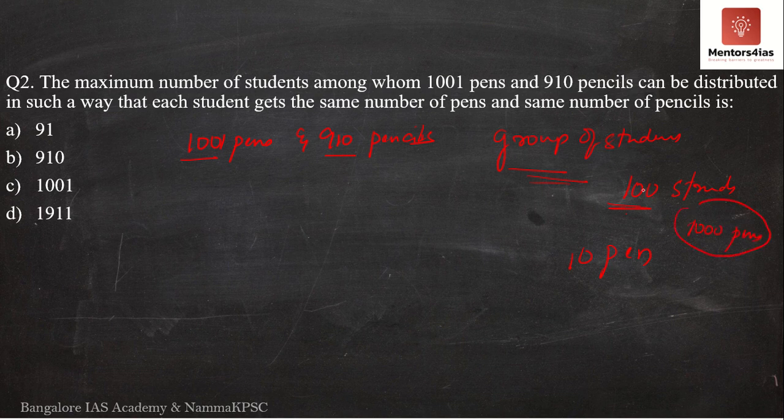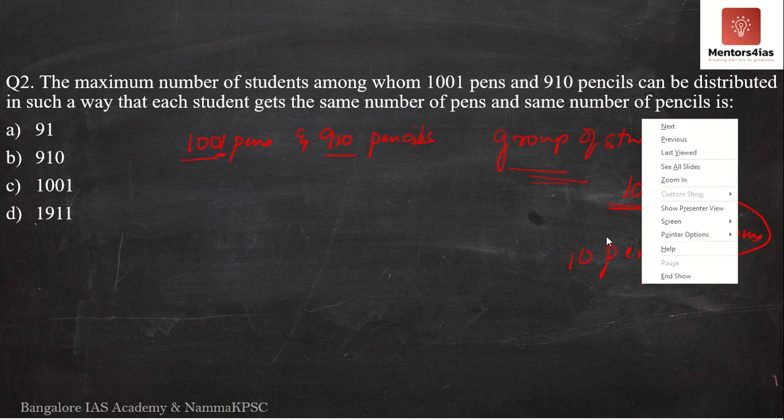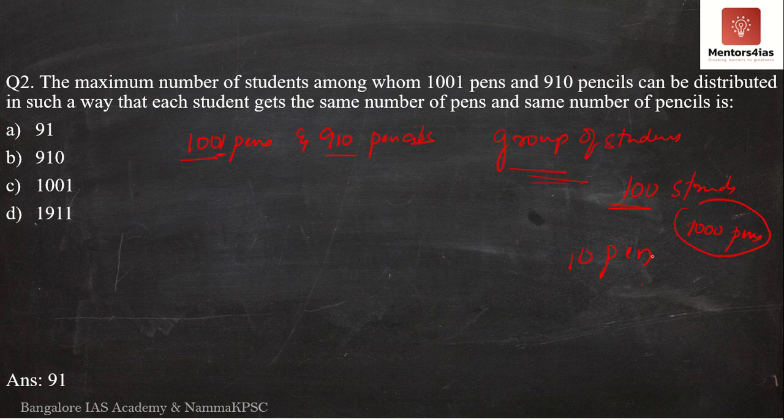If I give every student out of 100 students 10 pens, I have distributed 1000 pens. What about this extra pen? This extra pen will go to one student. So out of 100 students, one will get 11 pens, 99 will get 10 pens.